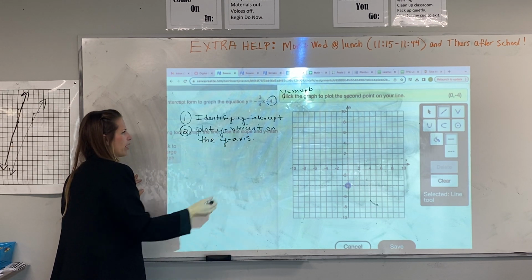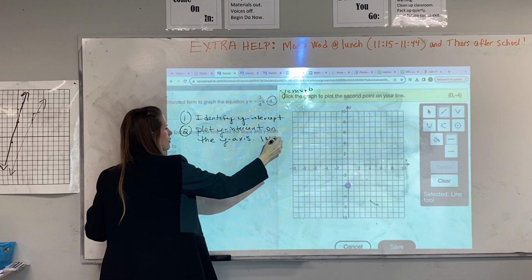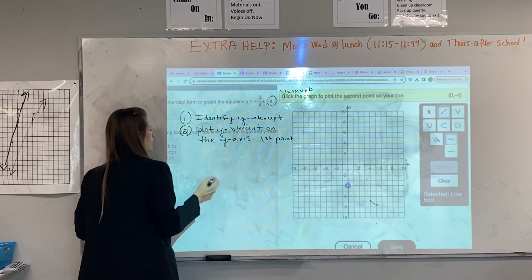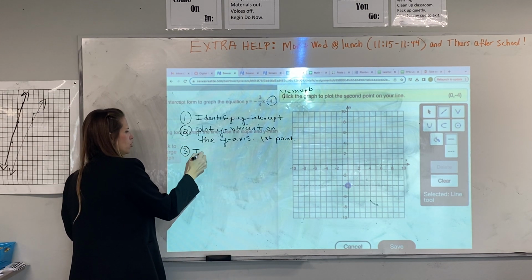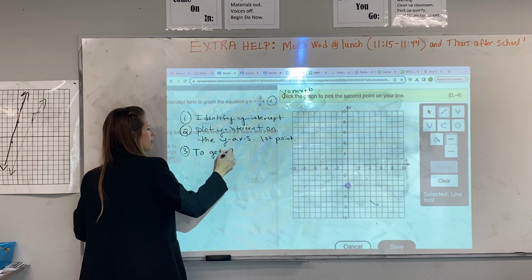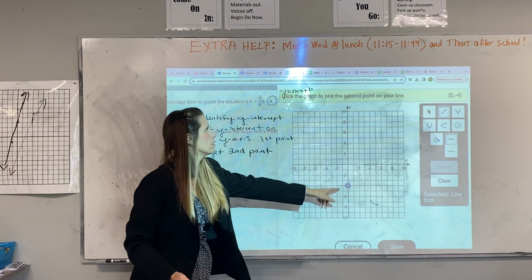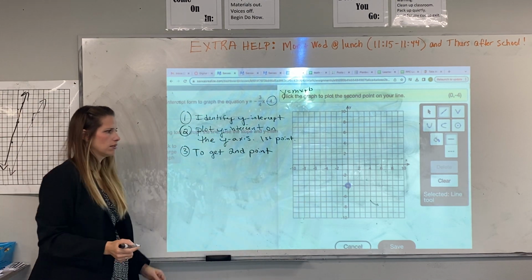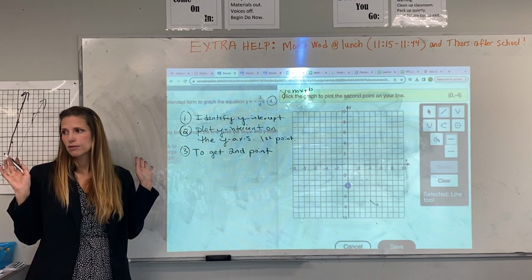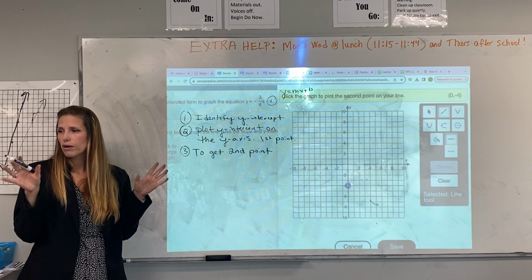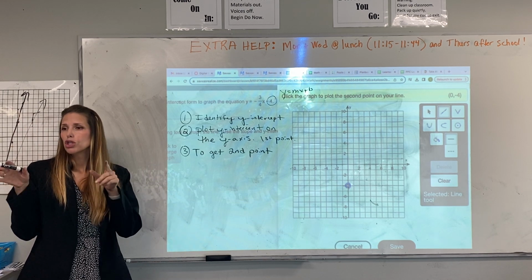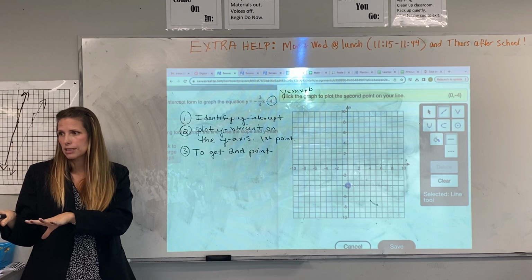That's your first point. Why did I put it here? Because it's -4, at least on my graph. Whatever your y-intercept says, you plot it where your y-intercept goes.